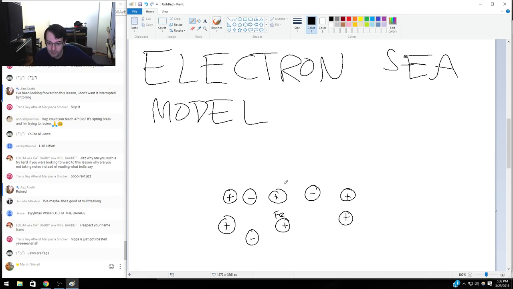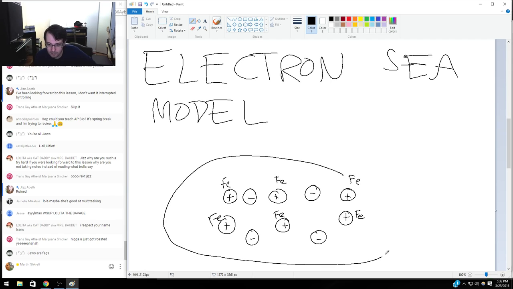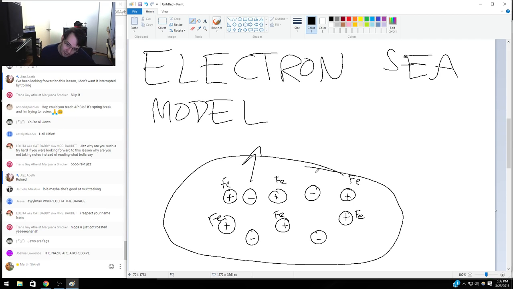Let's say iron. Here's the iron nucleus, positively charged, it's a cation. And the electrons are just floating around it in a sea. It's not really highly organized or structured. There's a sea of valence electrons, and the sea conducts the electricity. And that sort of makes sense.